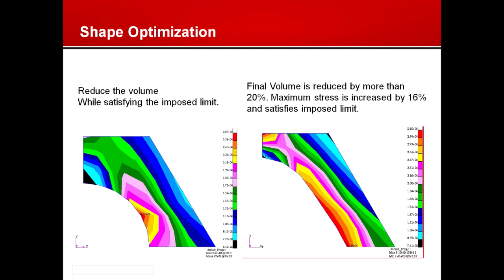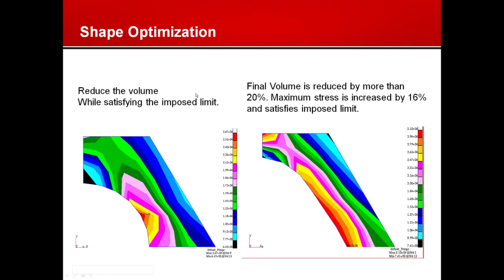The other option that is allowed in Nastran is the shape optimization. Here we are showing you an example of a culvert type of structure where we are trying to reduce the volume while meeting the stress criteria.